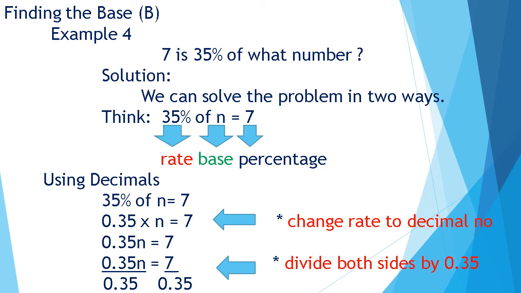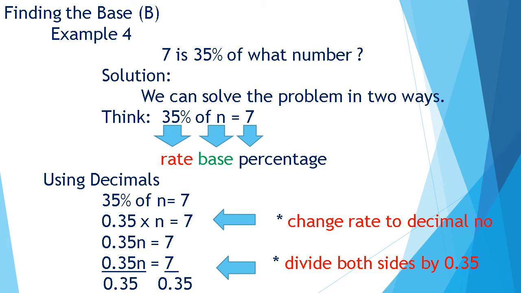Finding the base. Example number 4. The missing number here is the base. This is the problem. 7 is 35% of what number? Solution. We can solve the problem in two ways. Think 35% is the rate, n is the base, and 7 is the percentage.